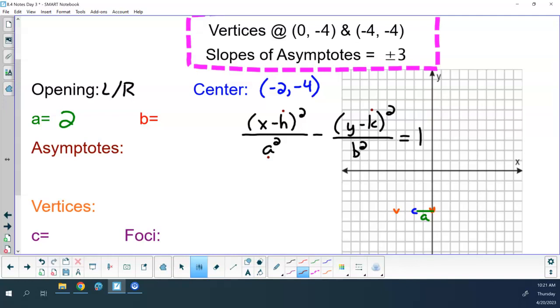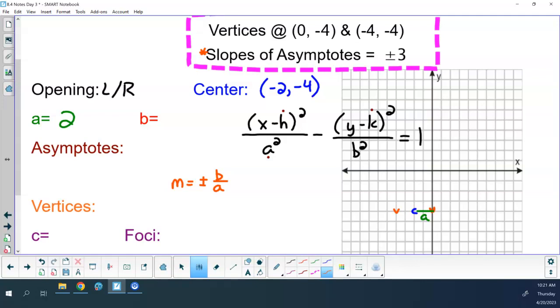Okay? So we learned earlier this week that the slope of the asymptotes was plus or minus B over A. Agree with that?